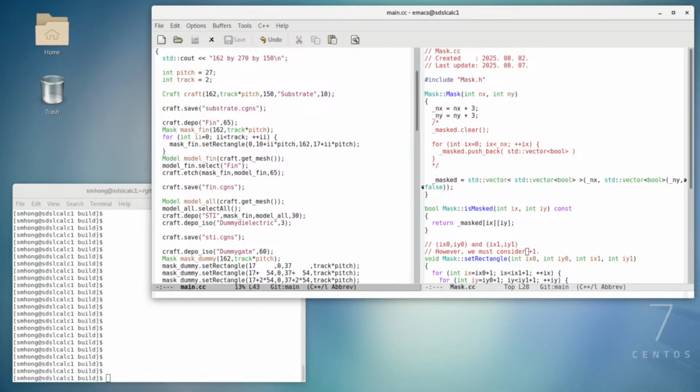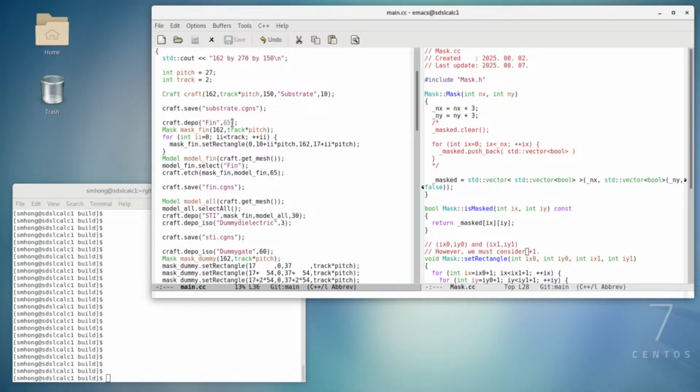So in this example, instead of considering all 10 fins, I just reduced the number of fins down to just two, and instead I make a more realistic emulation for the fin size. So the fin size is 65 in this case.